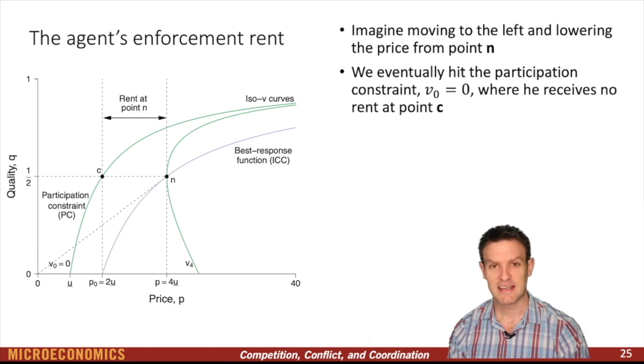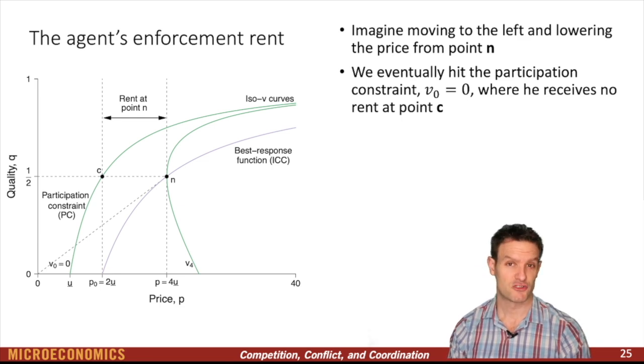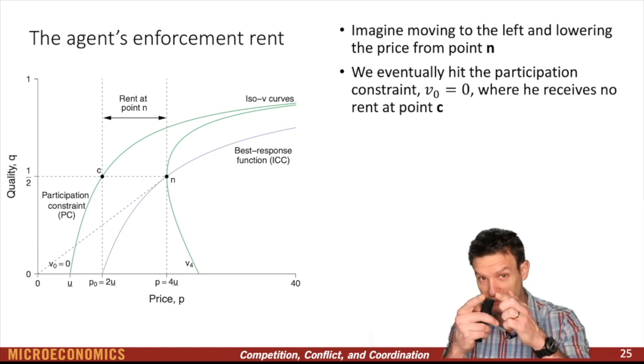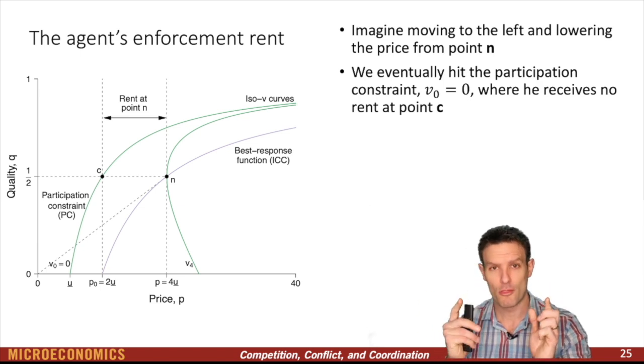But what we can see is if we compare the ISO value curve where he has 0 utility with the point where he has the utility he receives at the Nash equilibrium, that is a measure for us horizontally of the size of the rent.